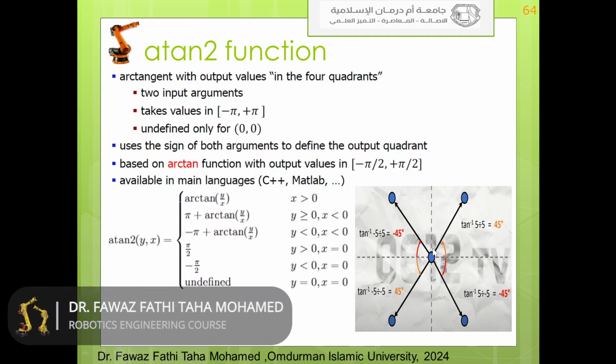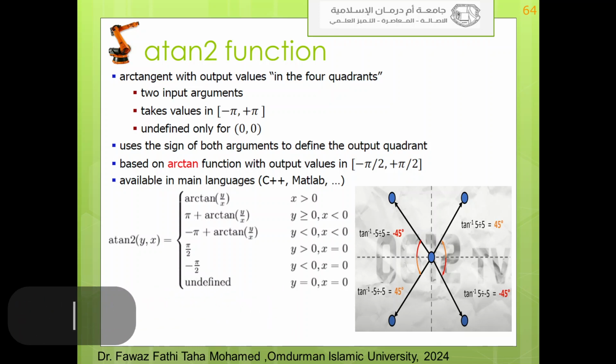In order to understand very well the relationship between atan2 and tan inverse, just look at this graph here. As we know, the input for tan inverse is sine over cosine, or y over x.